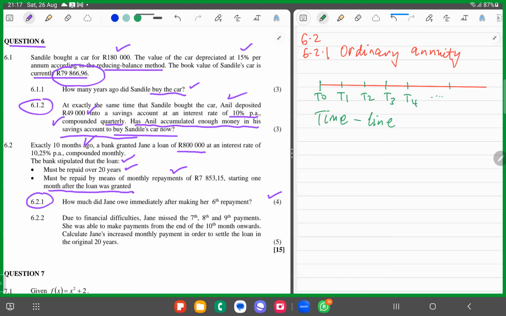Remember, it must be repaid over 20 years, but these things are actually compounded monthly. So you're going to have 20 years times 12, which is 240 months. Then 240, then 239, then 238, and so on and so forth.